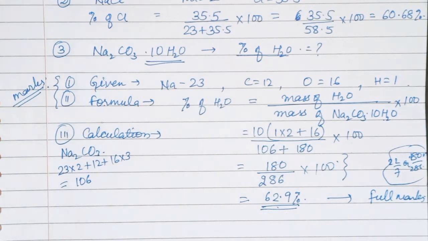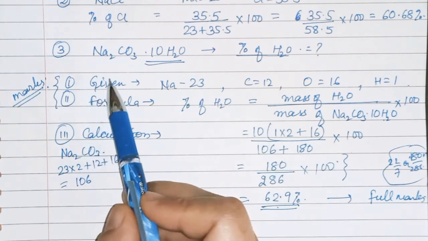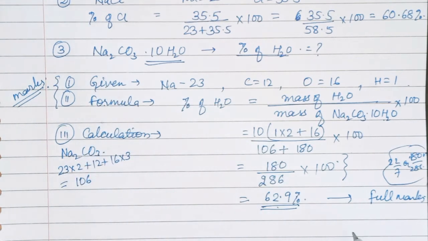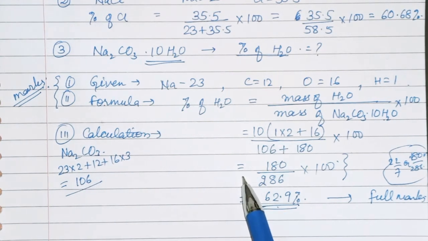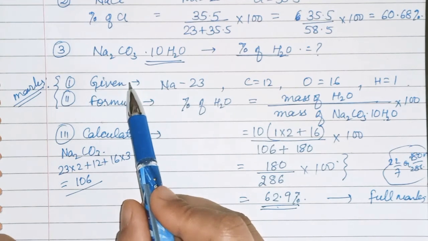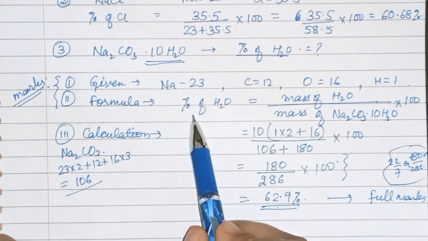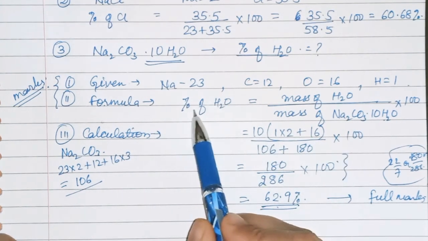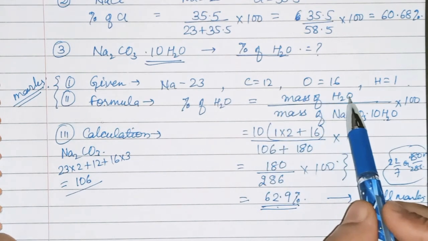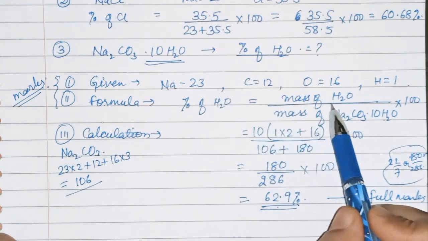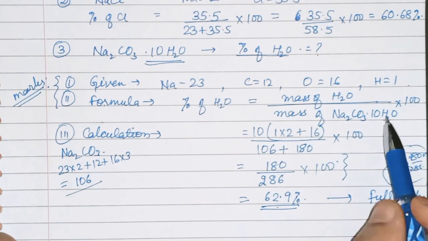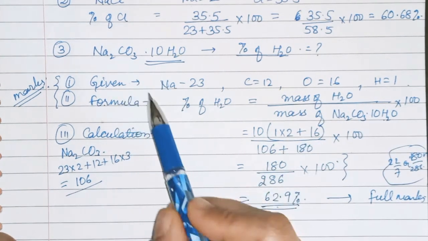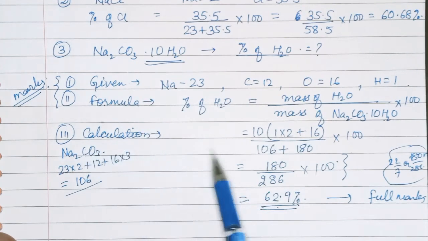Children, try to practice in step form so that in exam you can write in steps only. I suppose you all have understood the step marking. First you will start from given, then formula. You simply write percentage of element is equal to mass of element upon mass of compound into 100. Here you can score marks, and final is calculation.